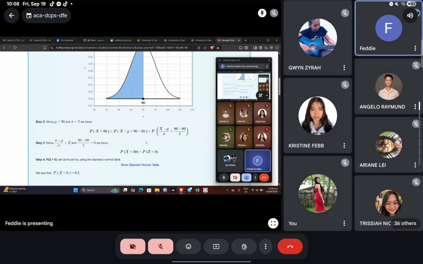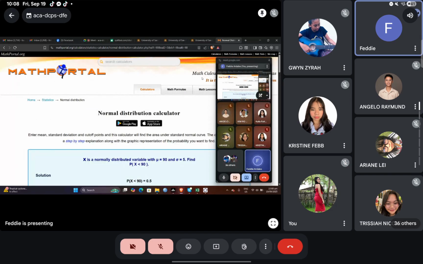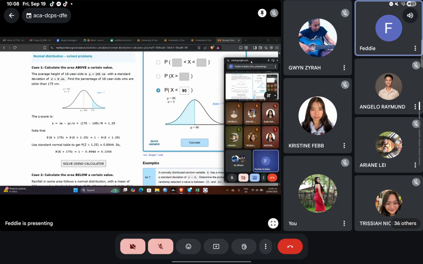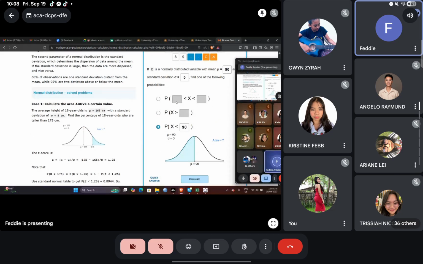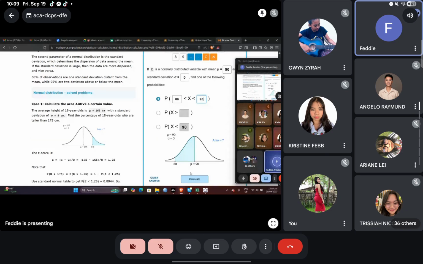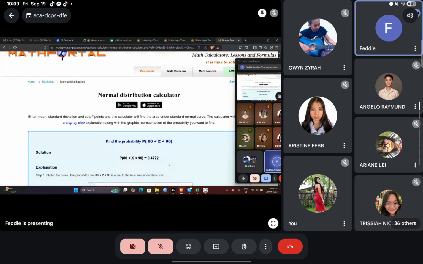What if we have between 80 and 90? Then calculate. The area I presented a while ago is approximately 47% using the empirical rule.